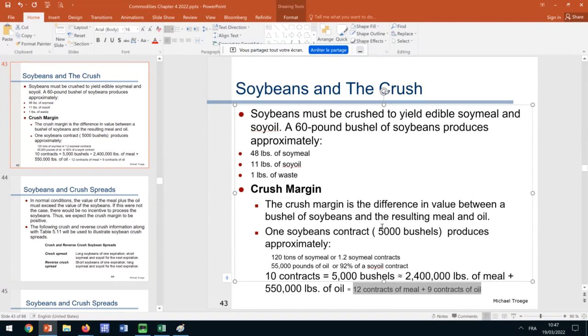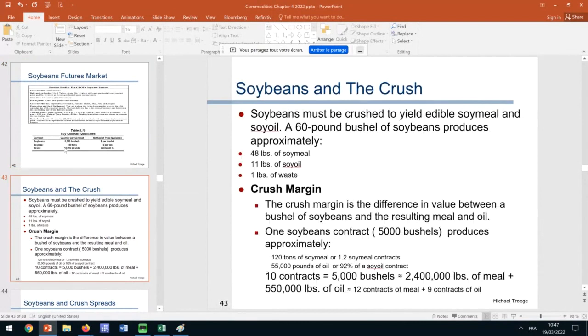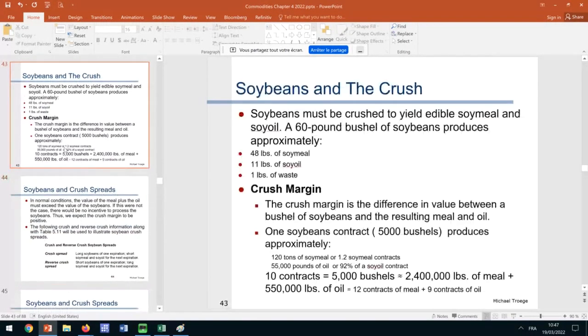Using these input and output relationships and the definitions of each contract, you should be able to verify that this is roughly how it works: 10 input contracts, 12 and 9 output contracts.